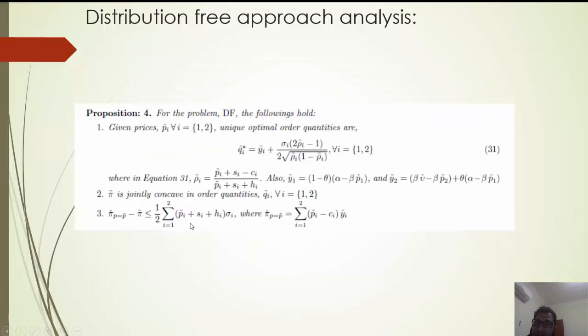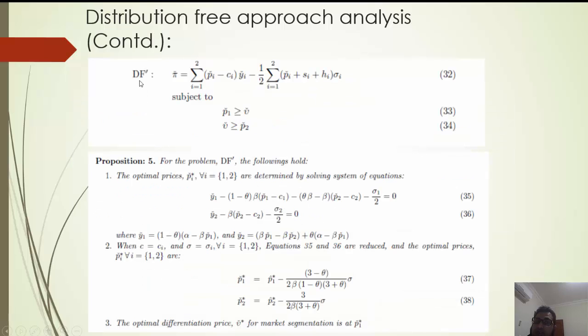And using this particular definition, we can build a new transformation, which we can call the new distribution free problem, DF prime, and in this case the other terms which are complex are reduced by this lower bound. Now we can analyze this nonlinear program, again subject to linear constraints, using the Karush-Kuhn-Tucker optimality condition.